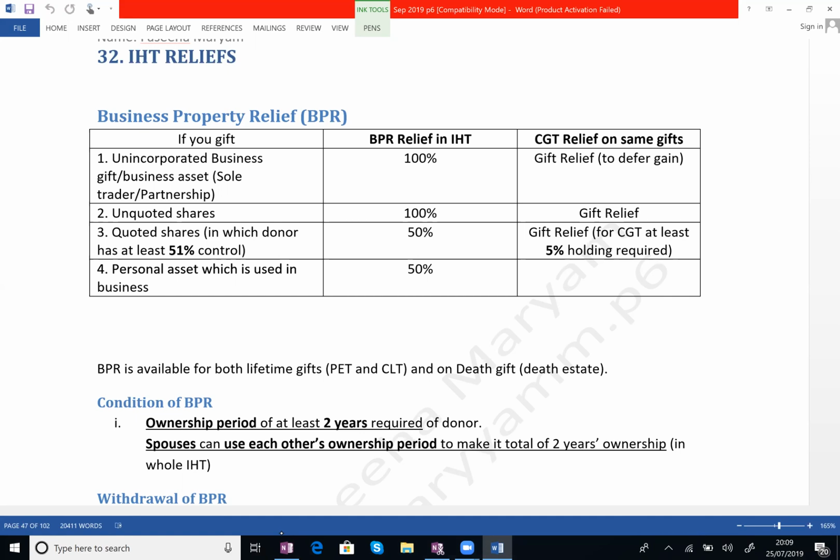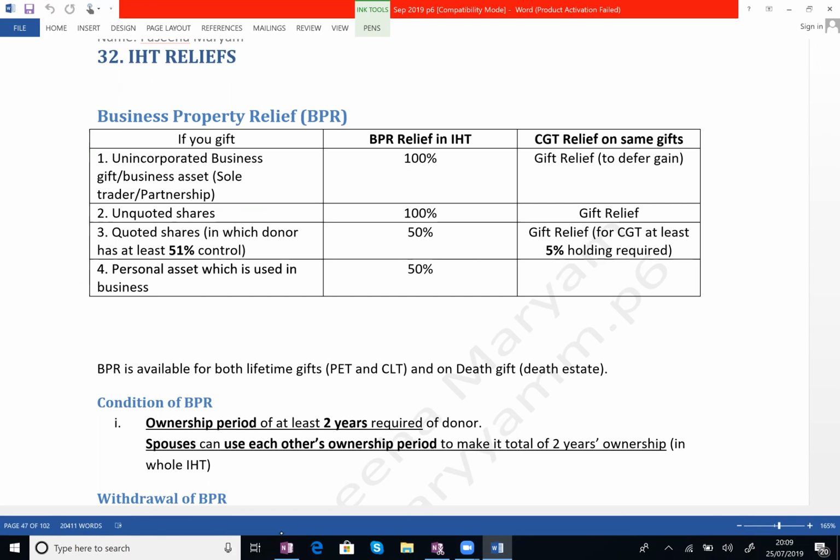So four things when you gift, which things? Unincorporated business, next unquoted shares, next quoted shares, in which you have control in the company, 50% plus shares, then 50% BPR.